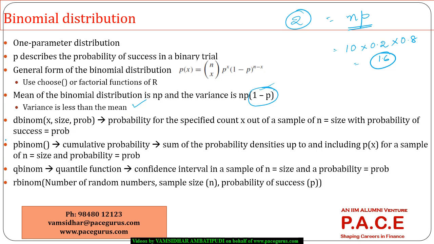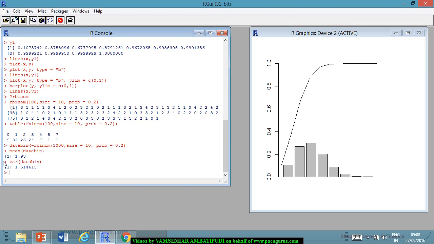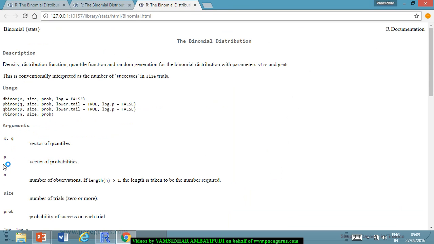And we have already used all these dbinom, pbinom, qbinom. If I really want to find out a particular probability, say 0.8, or 80%, let's use qbinom to understand what it gives.